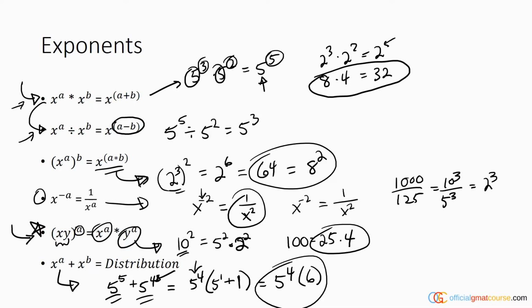They can make this more difficult by doing things like 5 to the x minus 2 plus 5 to the x. And I would actually want to pull out the 5 to the x minus 2 here. And what that would give us is 1 plus 5 to the 2 on the interior, which if you solve this, 5 squared is 25, so this gives us 26 times 5 to the x minus 2.